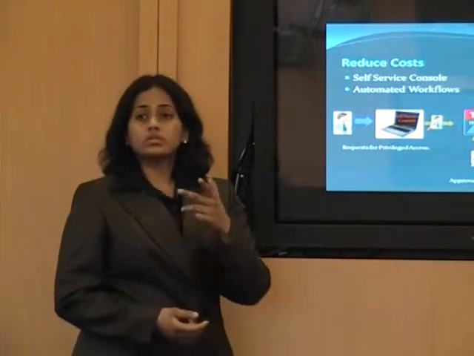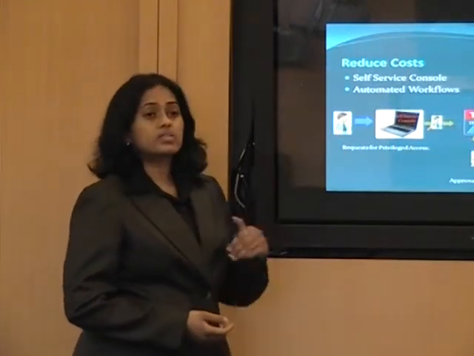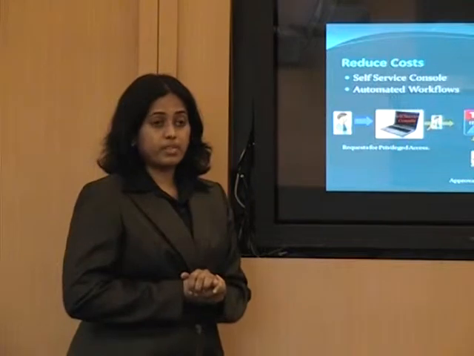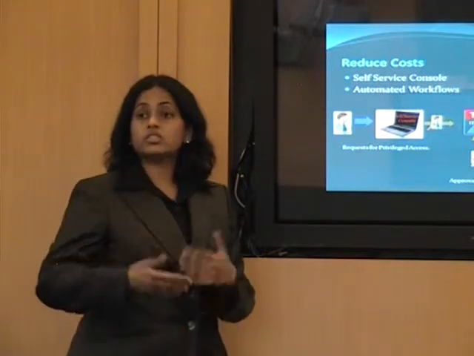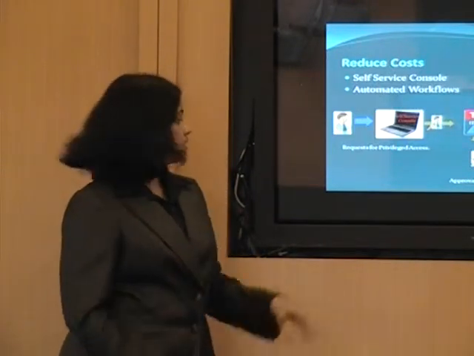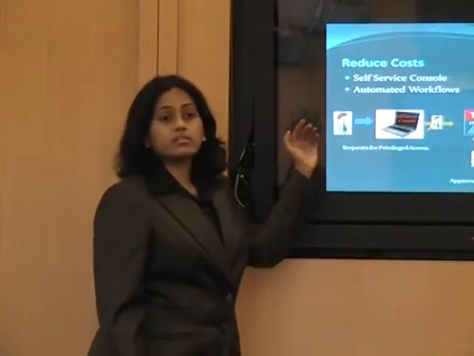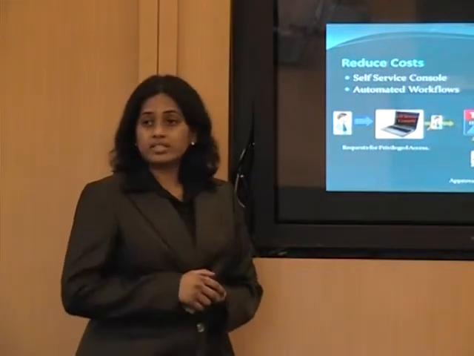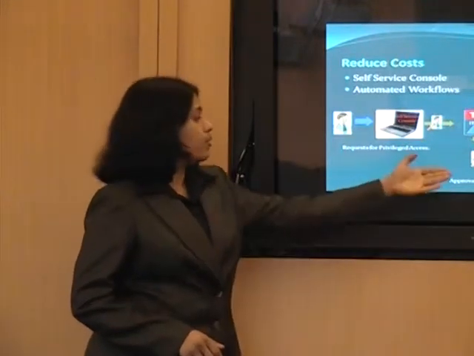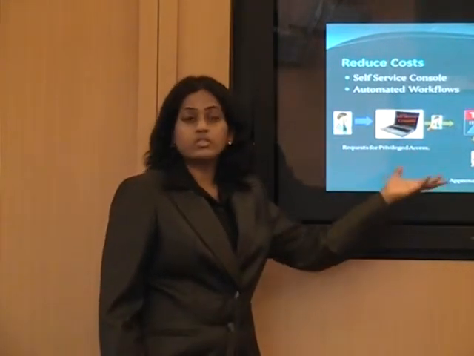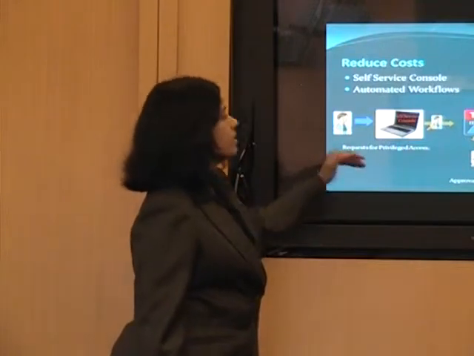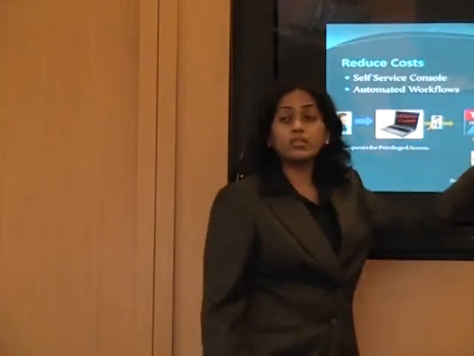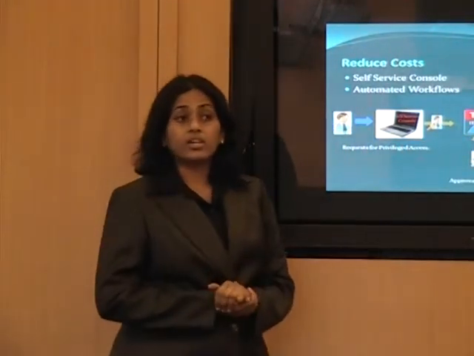Steve Harris, we can do this in two ways. One is through a self-service console. As I explained to you before, self-service capabilities do your day-to-day administrative task. You have Steve Harris requesting a privileged access. What's a privileged access? A privileged access is something that requires an approval from a manager or a supervisor. So Steve Harris needs privileged access in a particular database because he's assigned to a new project.